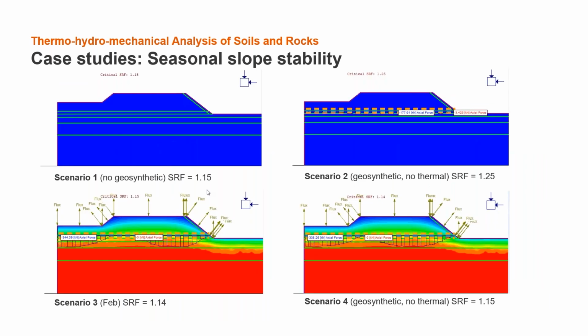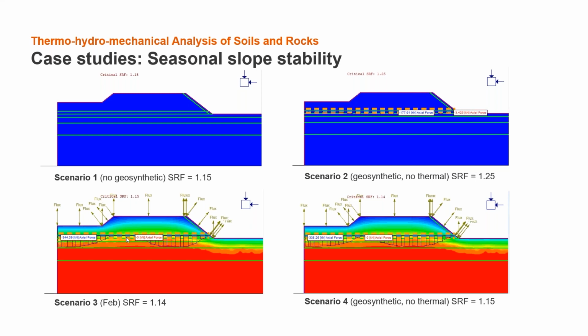Here is the actual force. When you look at the actual force of the geotextile before the safety factor calculation and without the temperature effect, we have an actual tensile force in the geotextile of 177 kilonewtons, right? However, here in the winter, because of the contraction of the geotextile, there is more tensile stress acting on the geotextile.